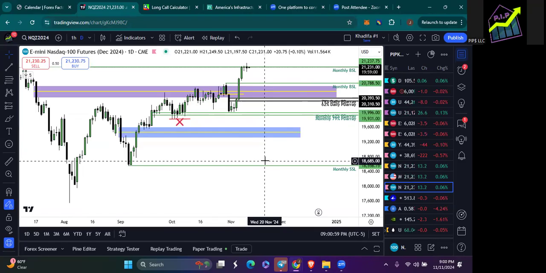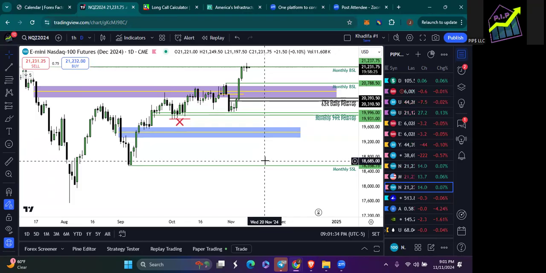Futures is moving in the opposite direction of currencies right now, which are selling off, which we just went over, and is moving in the same direction as the dollar. So it's kind of hard to gauge futures right now by trying to use correlations, because sometimes it's correlating with the dollar and sometimes it's not.